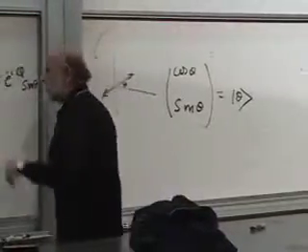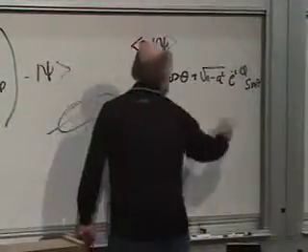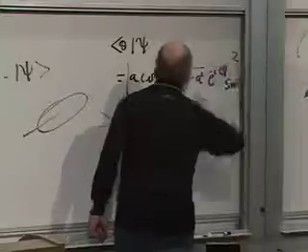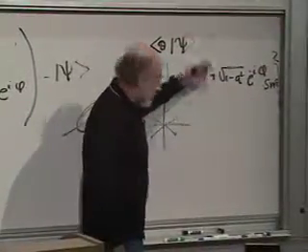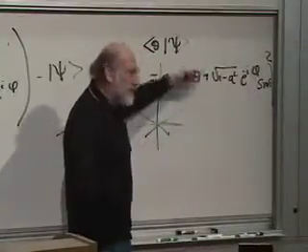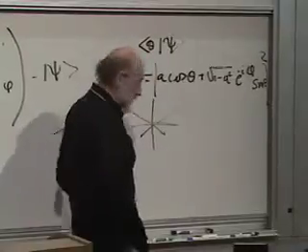So you think of phi as fixed, square this, and maximize it with respect to theta. In other words, differentiate with respect to theta and find the place where it's maximum. That will tell you the angle of the major axis.